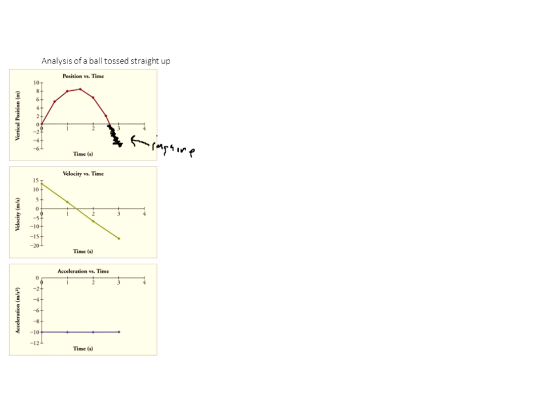Ignore that. So if you look at this, you see that we have the straight line for the velocity versus time, with a downward slope, and that constant negative 10 meters per second per second. So questions or comments on that, either verbally or in the chat?